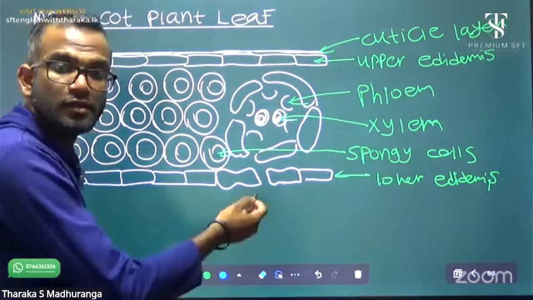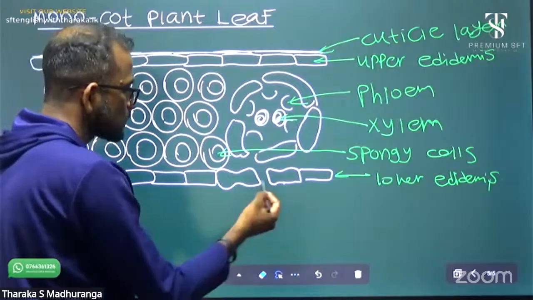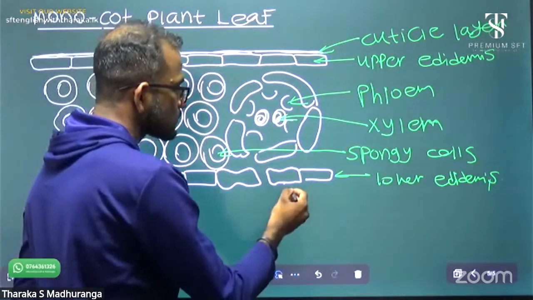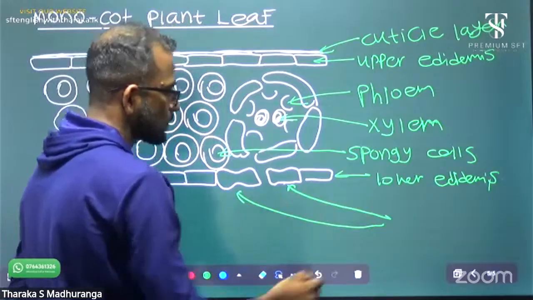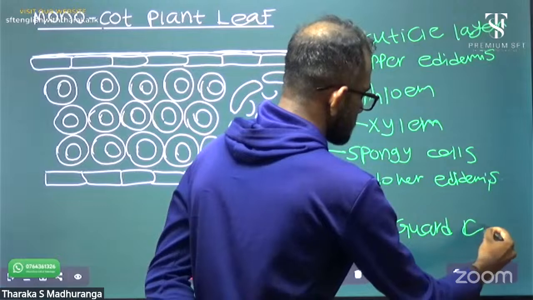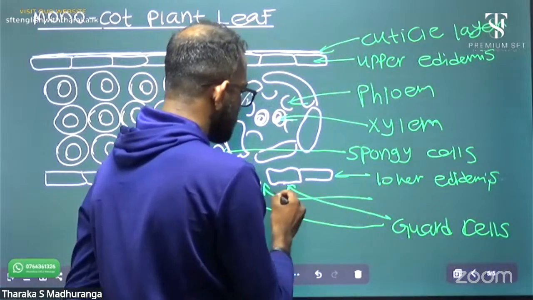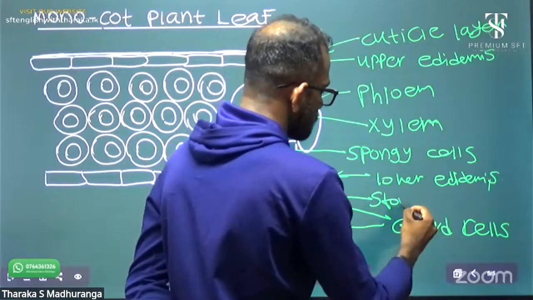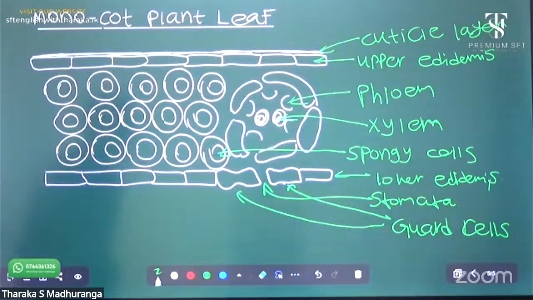And they are the guard cells, dumbbell shaped guard cells. And this is the stomata.